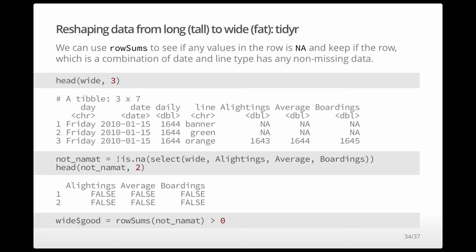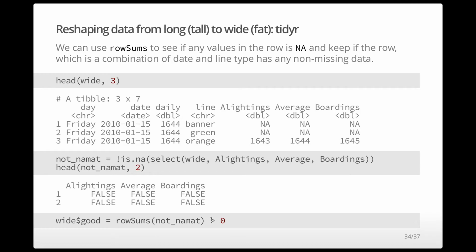Then we can use some of the other commands that we learned, colSums, rowSums, that kind of stuff. Saying the rowSums of this matrix, or sorry, this data frame, is greater than 0 means it has some data that's not missing.